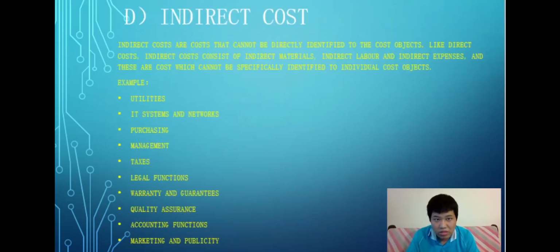Now I want to continue presenting about the concepts in cost and management accounting. Okay, now I want to present about indirect cost. Indirect costs are costs that cannot be directly identified to the cost object.